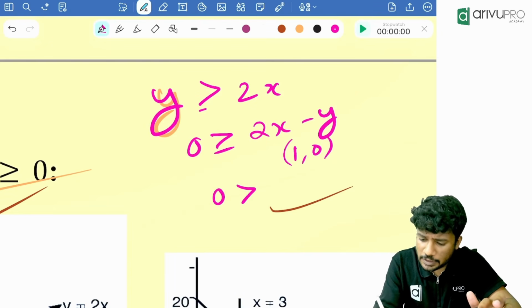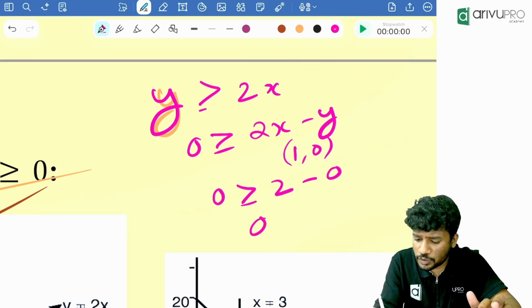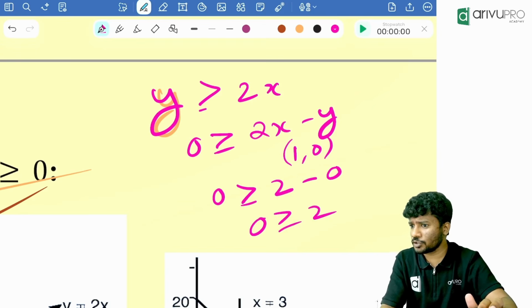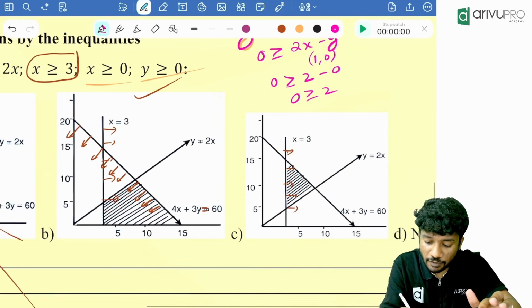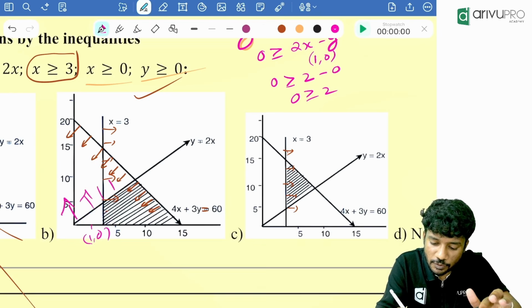Then that means 0 is greater than 2 minus 0. That means what? Is 0 greater than or equal to 2? No, 0 is not greater than or equal to 2. That means the graph cannot go this way. Graph should be going away from the point 1, 0. That means it should be going towards this side.